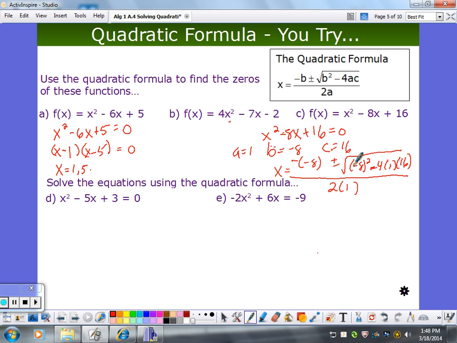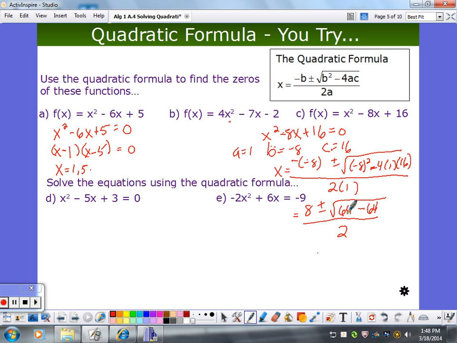That way when you have negatives, it's not going to be a problem. So negative negative 8 is a positive 8, plus or minus. Negative 8 times negative 8 is 64, minus 4 times 1 is 4, and 4 times 16 is 64, all over 2 times 1 is 2.